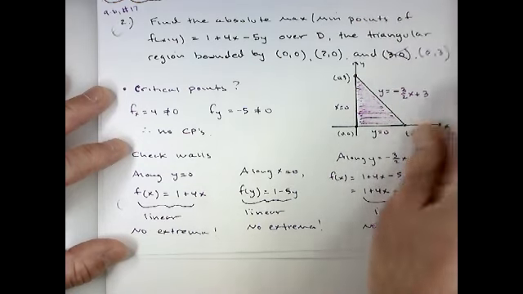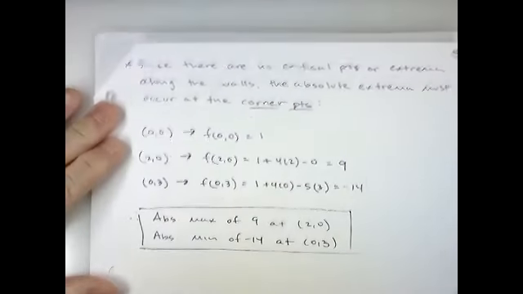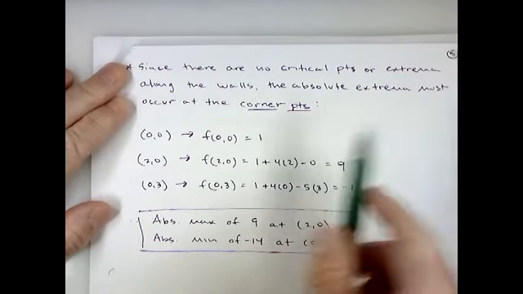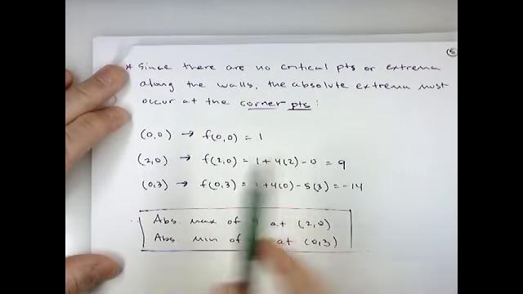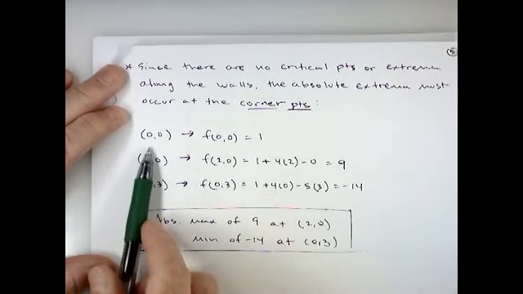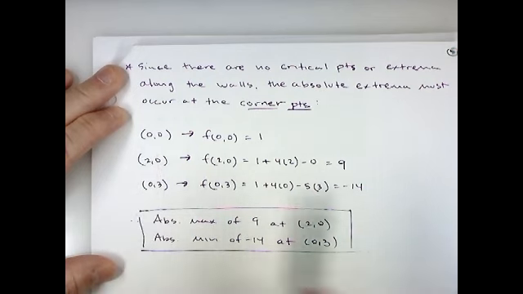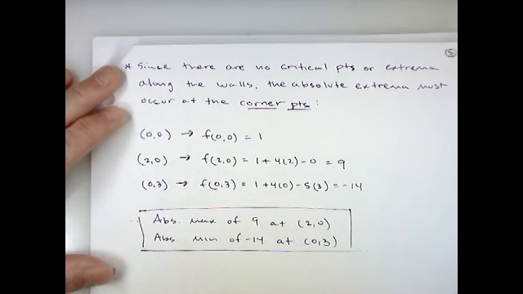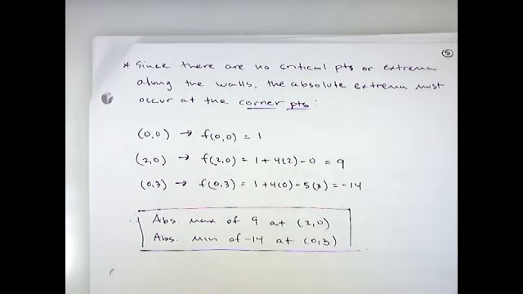That's going to be in our list when we check our corner values, which is the only possible place then, right? We have no critical points, no extrema along the walls, so the absolute extrema must occur at the corner points. So I just evaluate my 3 corner points, and I can tell that my absolute min would be negative 14 at 0, 3. My absolute max would be 9 at 2, 0. Okay, that's how those work.